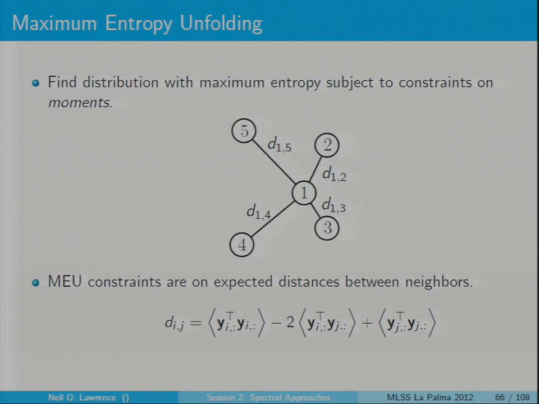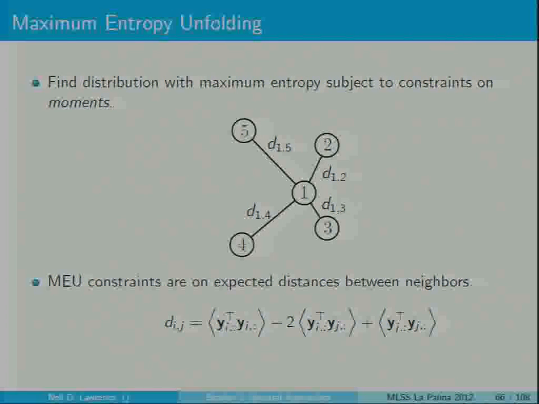So maximum entropy constraints, you find a distribution in maximum entropy. It's a way of looking for distributions subject to constraints on the moments of those distributions. And the moments we're going to use here are the expected squared distances.